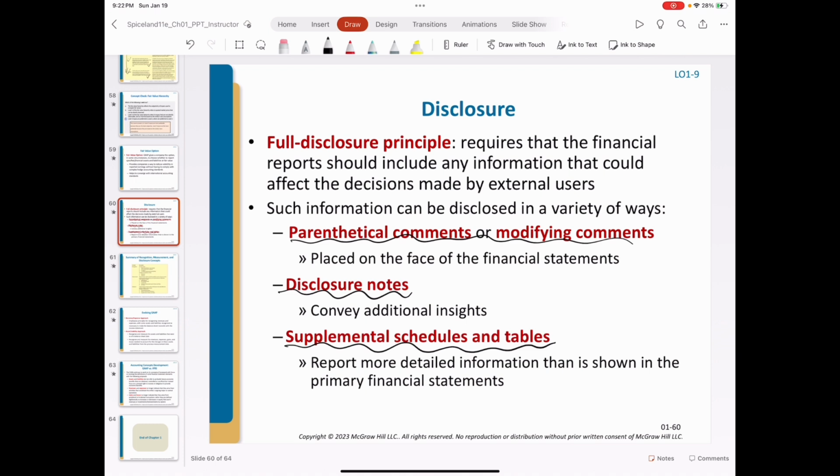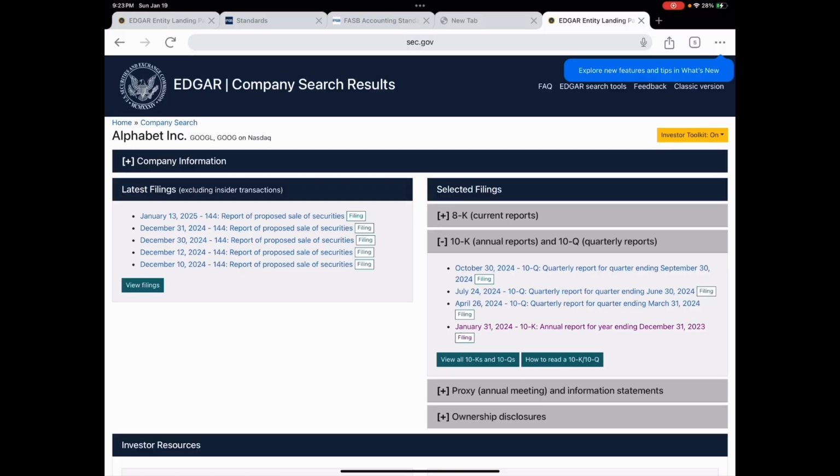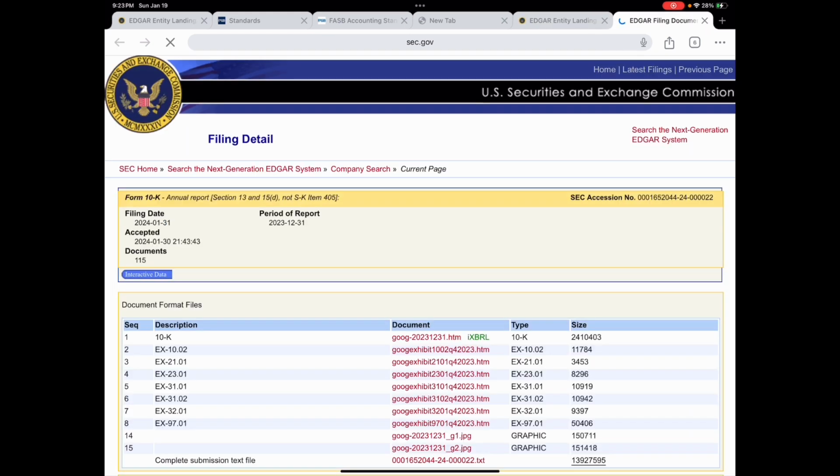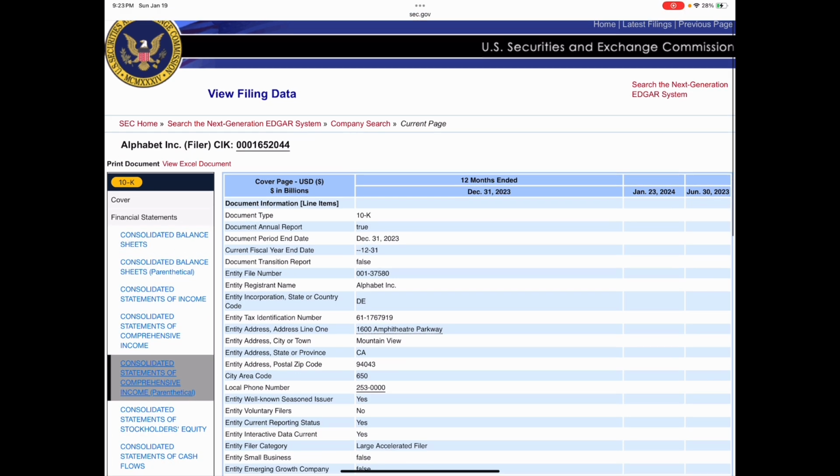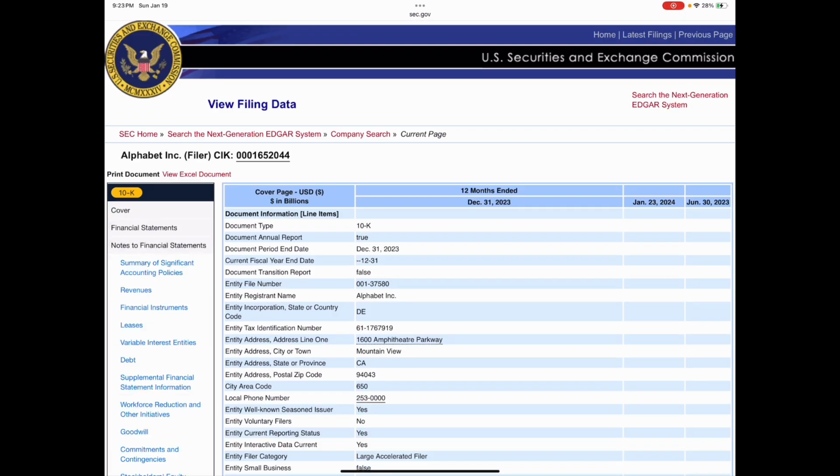Let me show you where you can find this extra information in the annual reports of Alphabet. Again, we go to the 10K form. In addition to the financial statements, the company should also provide the notes.